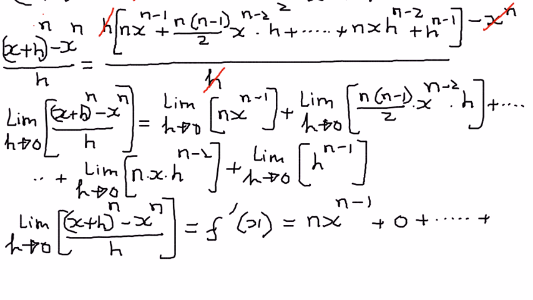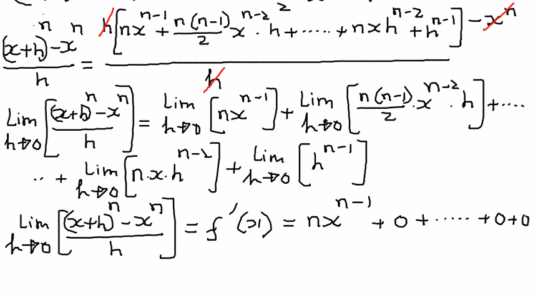The last two terms are limit as h approaches 0, n times x times h to the power of n minus 2, that goes to 0. And then the last term, limit as h approaches 0, h to the power of n minus 1, that also goes to 0. Therefore, I can put a 0 there.